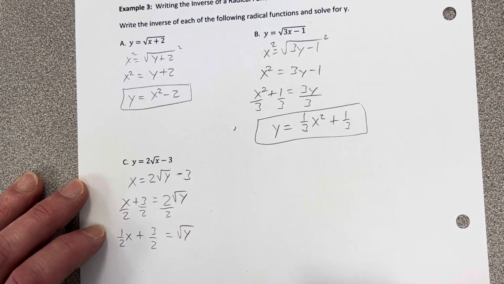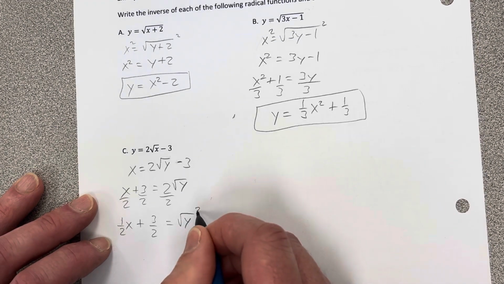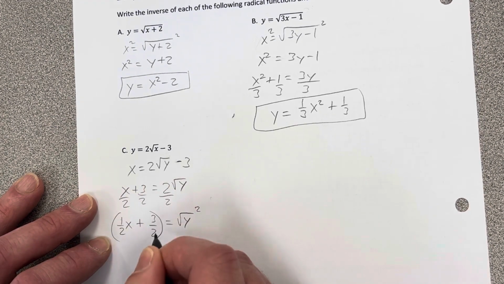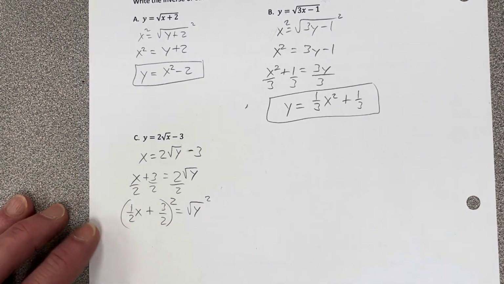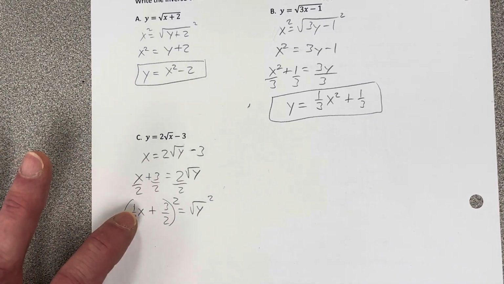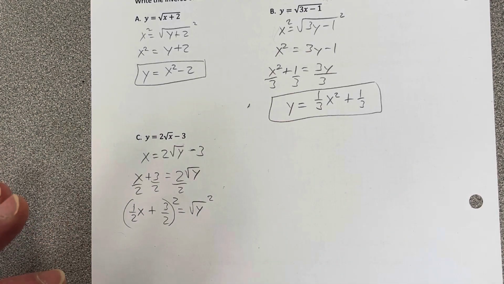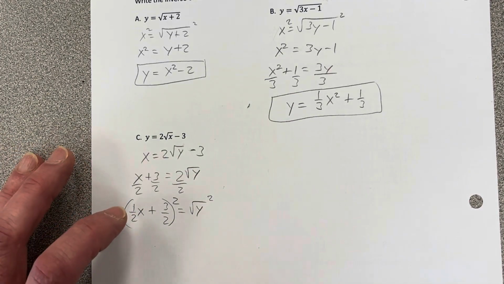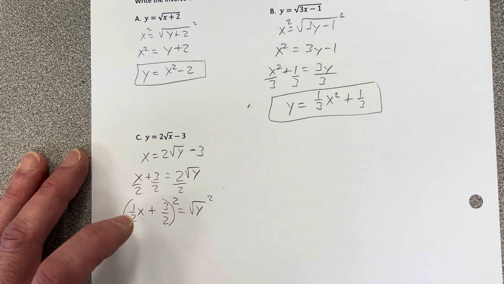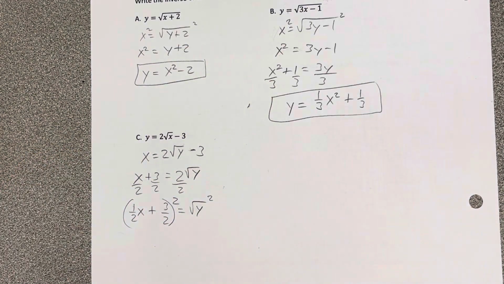And now I get to square. Now this is a little wacky because I'm squaring this whole side here. And a common mistake is to think that I'm just squaring each one of these and that's it. But no, I'm taking the whole thing squared. So it's 1/2 x plus 3/2 times 1/2 x plus 3/2.